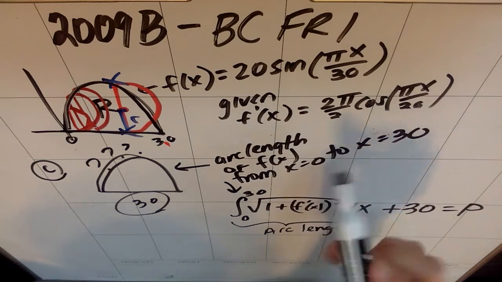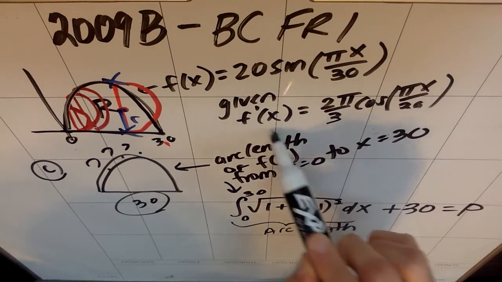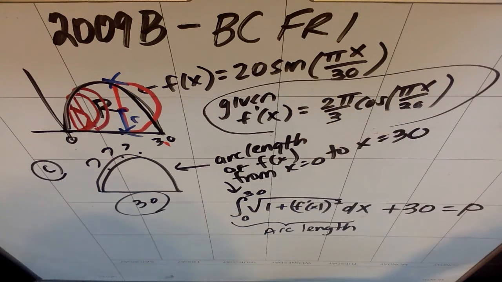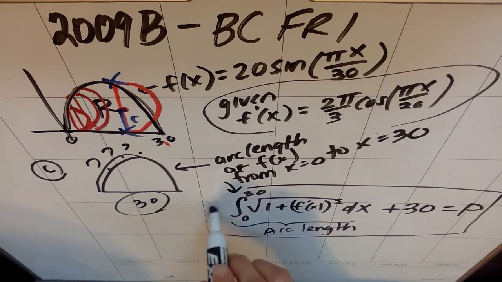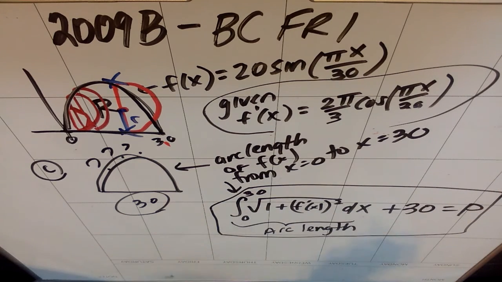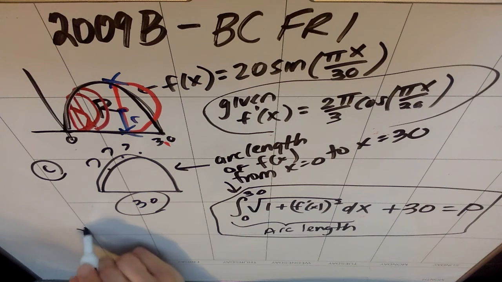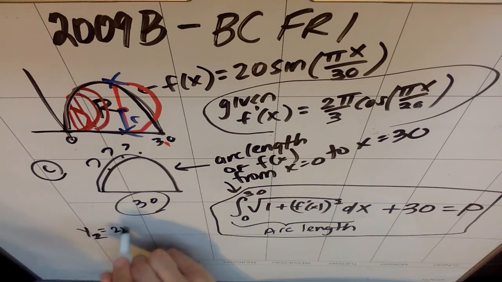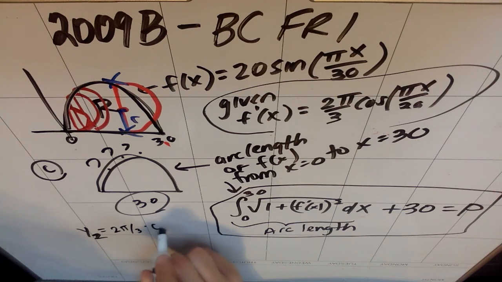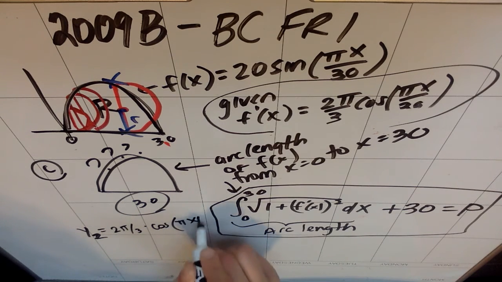Now, I would argue that here, the smartest play is to go ahead and put f prime in as a function in your calculator. So this is the work you need to see in order to get your perimeter correct. But what you have to know how to do is type this in your calculator effectively. You're not going to use y1 again at this point because the problem is over, so you could just overtype y1, or you could use y2, it doesn't matter. In my y2, I'm going to type 2 pi over 3 times cosine of pi x over 30.